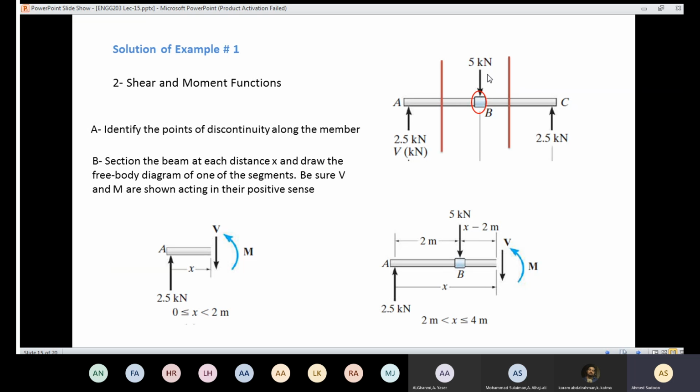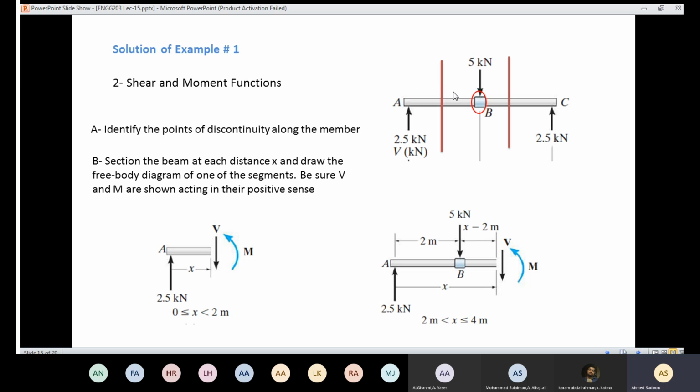But if you are going to cut here, are you going to get the same section? No. You are going to get a section like that. So if you cut here, or you cut here also, you are going to end up with the same section.